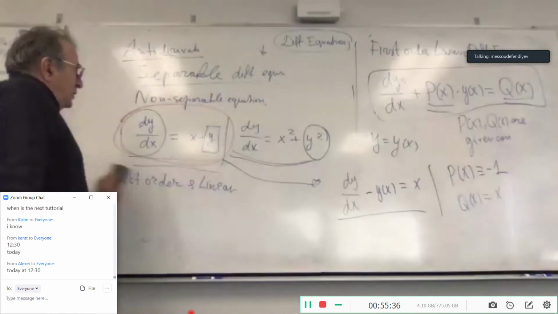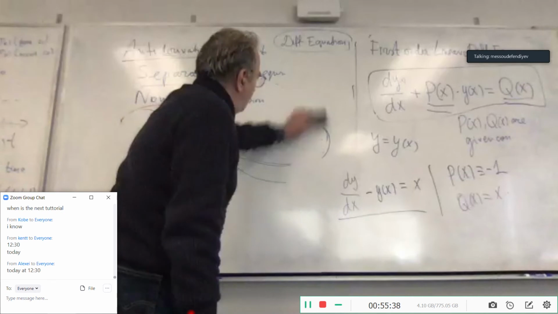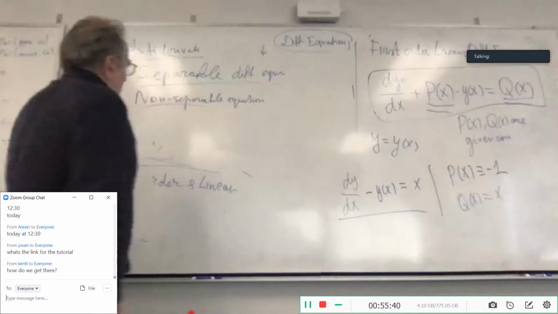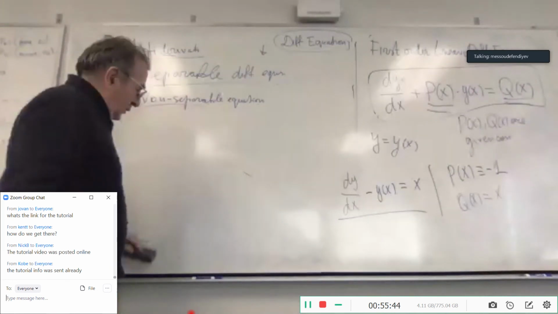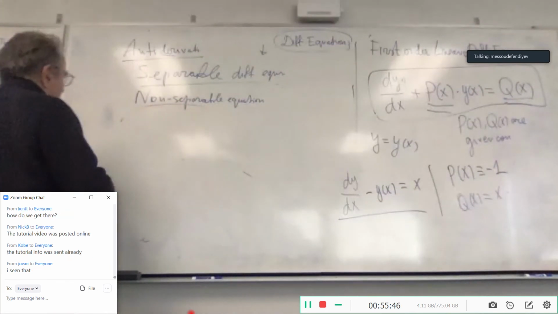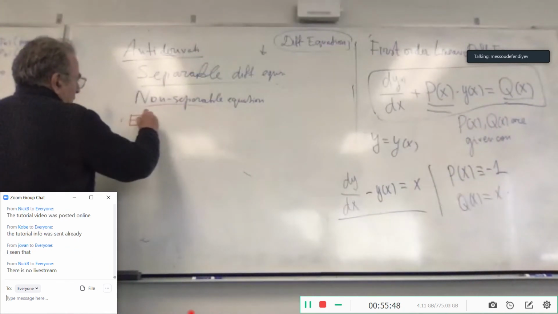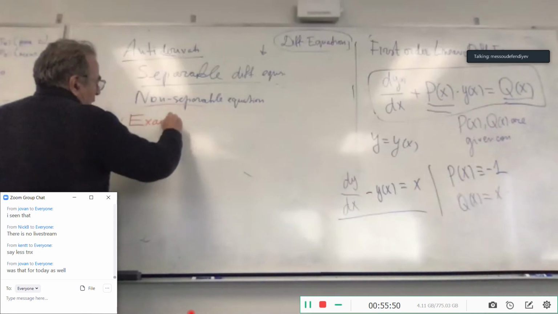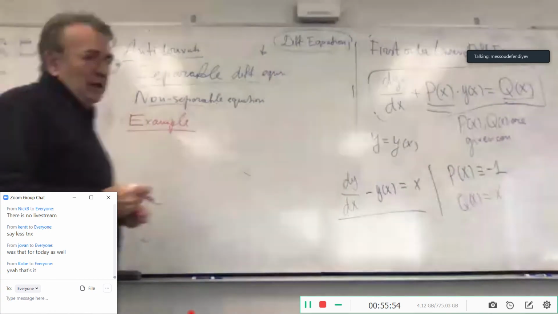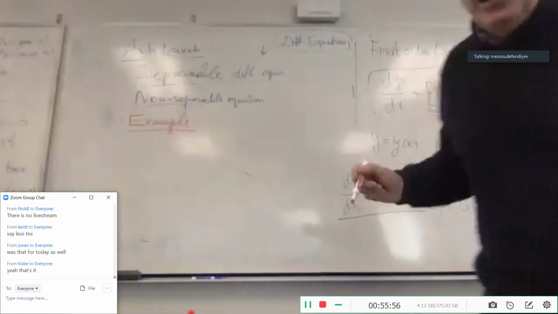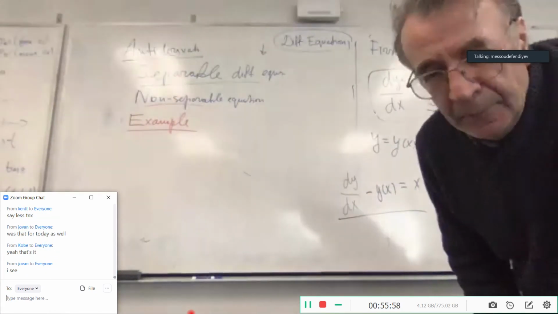Now let's consider the following equation, a non-separable first order equation with a simple example. What do you prefer: when I write with red or with blue, which is better to see?